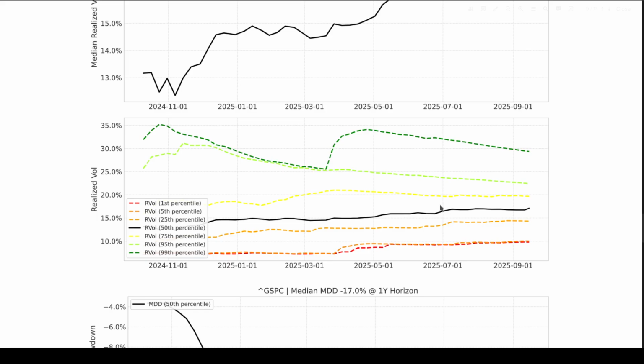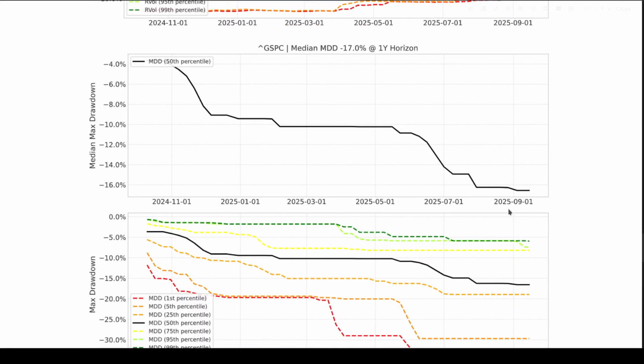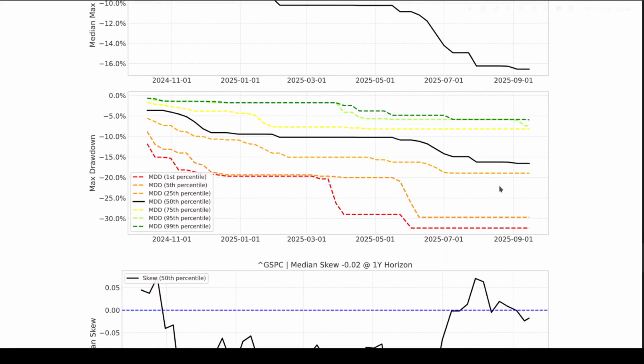But overall, you're expecting to fall somewhere between these two extremes. Your median drawdown, this is far more interesting, is something like a -16%, right? But your 1 percentile drawdown is something like a -35%.